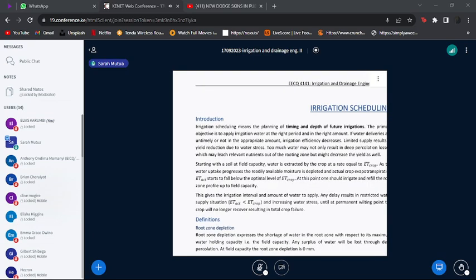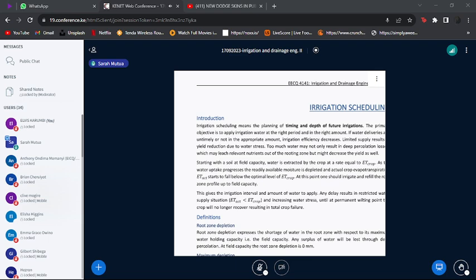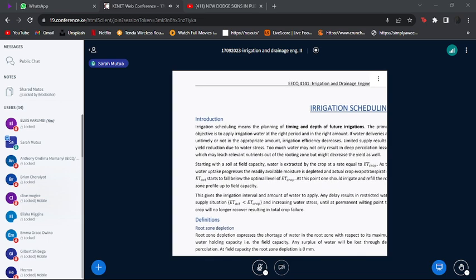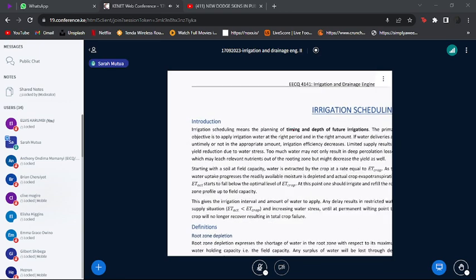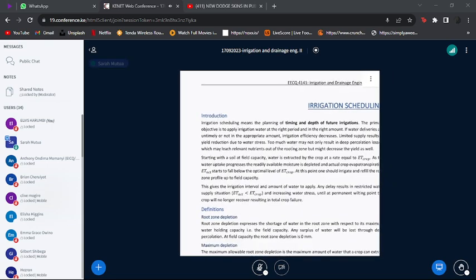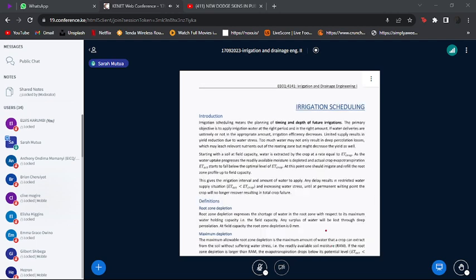So now the question is, how do you determine when and how much to irrigate? So generally, how do you determine the timing and depth of future irrigations? One, and I'm just trying to remind ourselves what we learned in irrigation and drainage engineering 1.